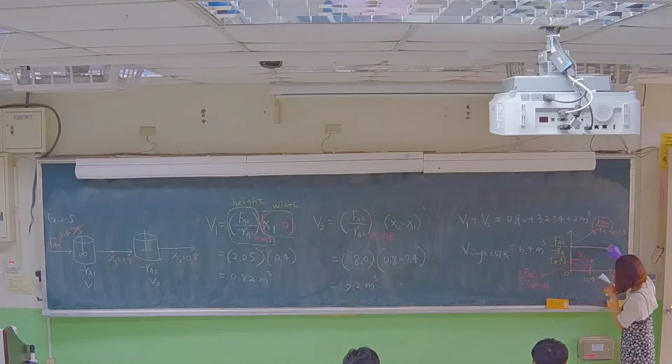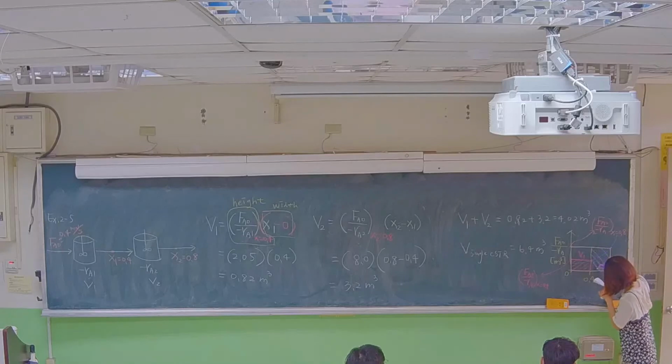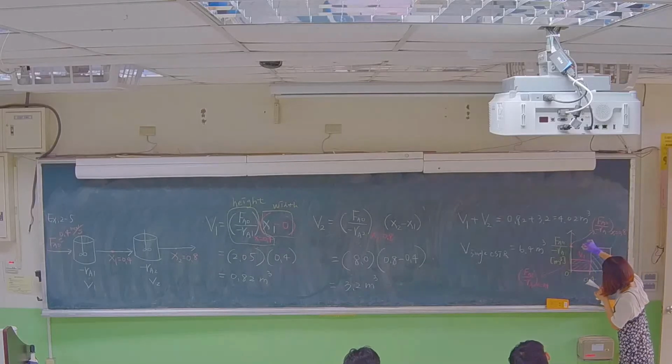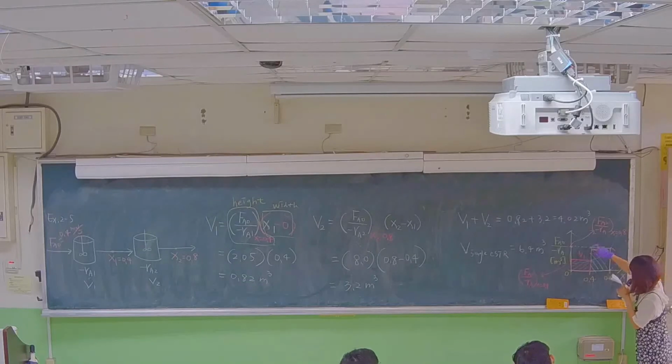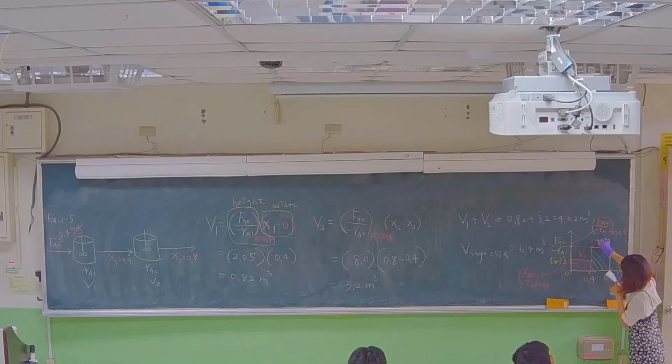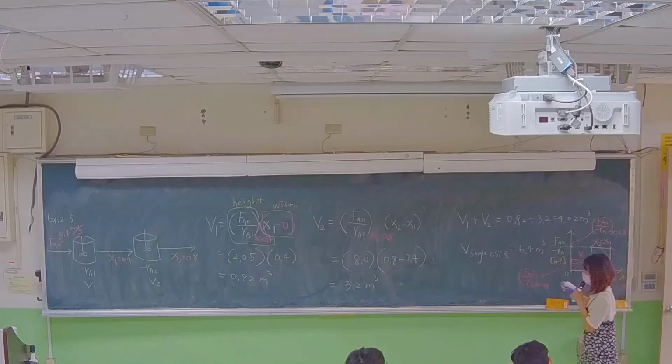So the area for this rectangle, okay, the height is this value, right? How about the width? X2 minus X1, okay?